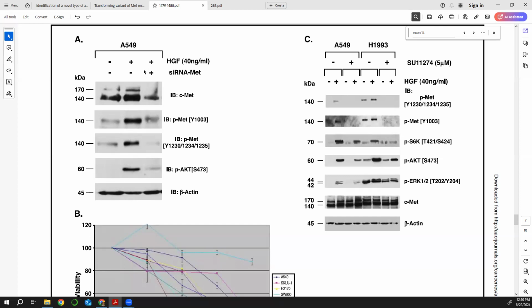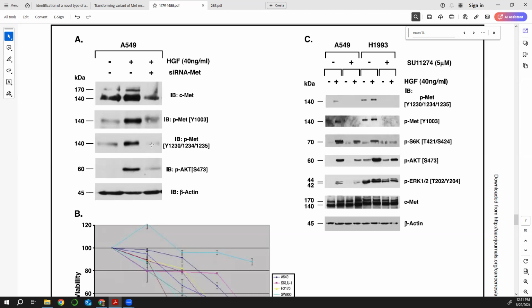Now, what happens if you knock down MET first, and then add hepatocyte growth factor to activate that? Well, MET is knocked down, and that's not due to less loading, because the level of actin is similar to these other two lanes. Phospho-MET is decreased in the presence of hepatocyte growth factor, because there's less MET.